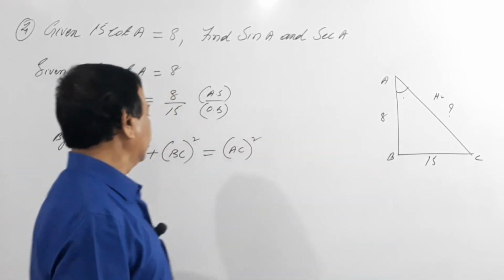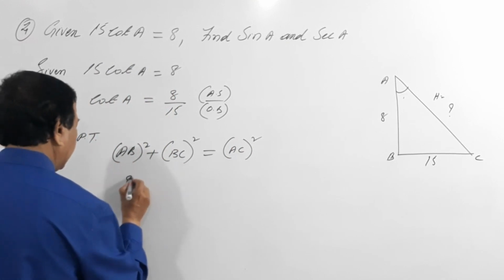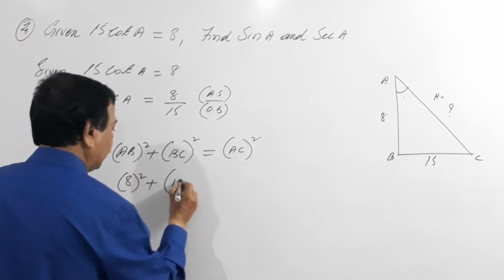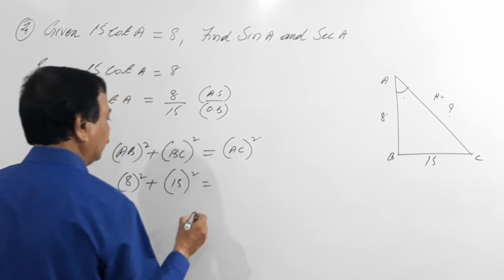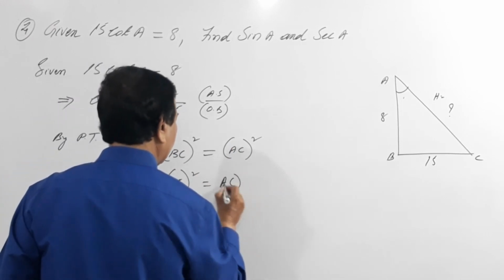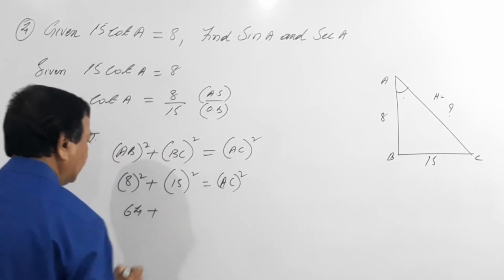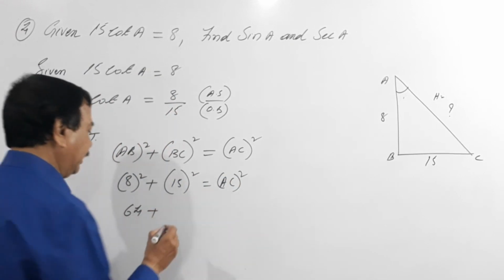Straightforward question. So this is 8 square plus 15 square equals to AC square. This is 64 plus 15 square is 225.